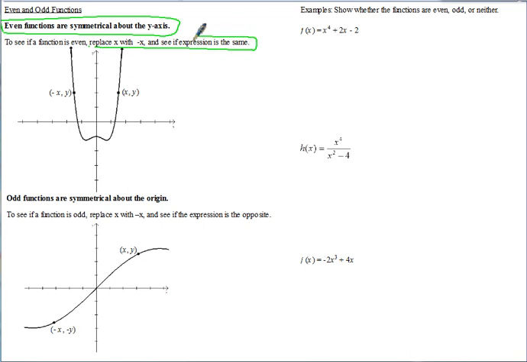Hopefully that sounds familiar to you, because that's the exact same test we use to determine if something was symmetrical about the y-axis. We just have a different name for it, even, when we're dealing with functions. So what that means is, you can see it's symmetrical about the y-axis here, like a mirror across the y-axis. And that means when you change the x-coordinate to be the opposite, the y-coordinate should stay the same.